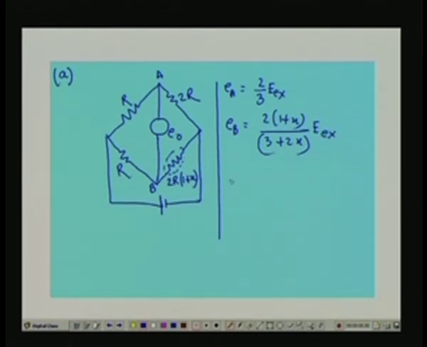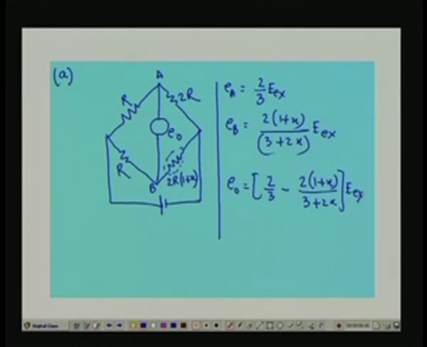Therefore, the output voltage EO will be equal to 2 by 3 minus 2(1 plus X) upon (3 plus 2X), multiplied by the excitation EX.